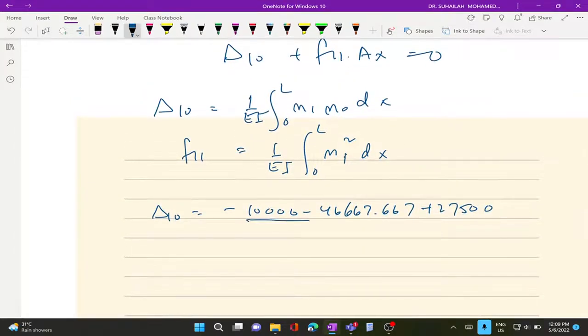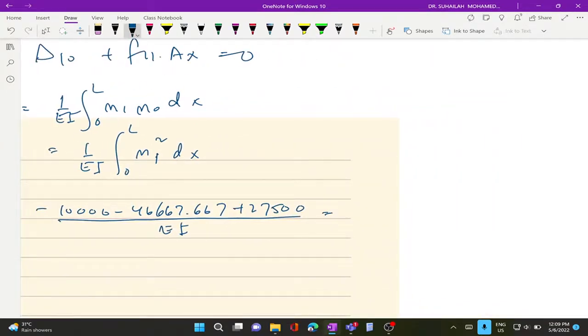Okay, so this one divided by EI. So this is equal to 166.667 over EI. You can check back the answer whether it is correct or not, but this is the procedure.